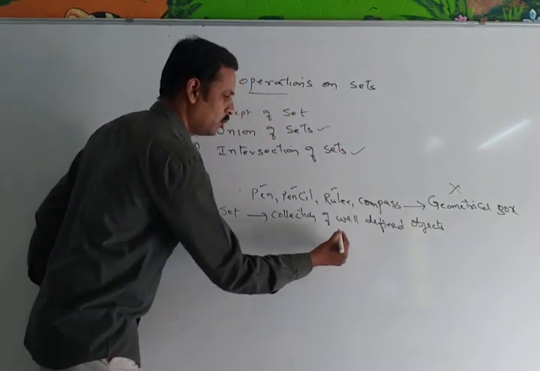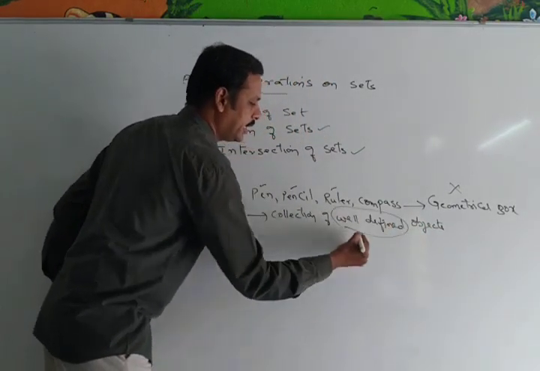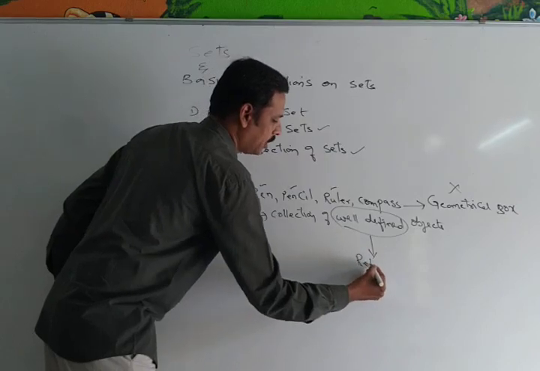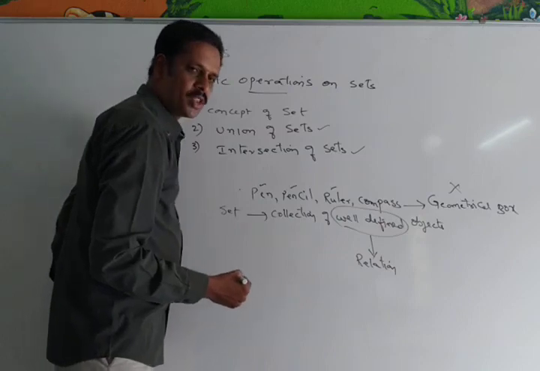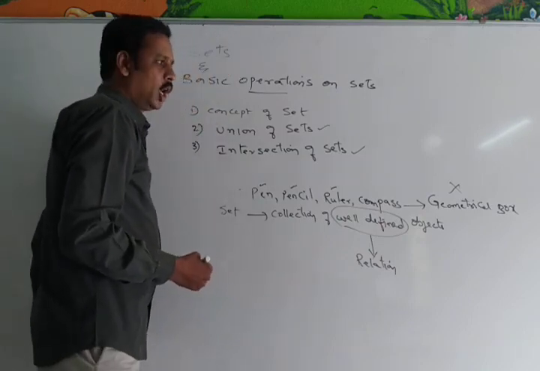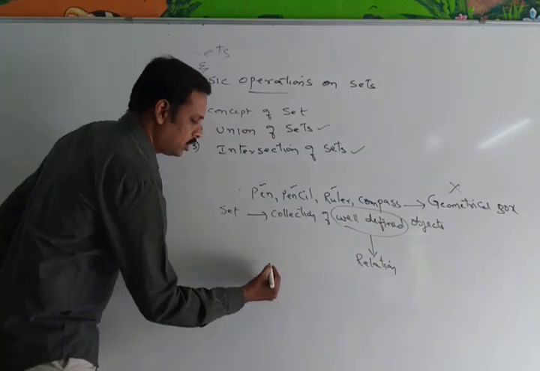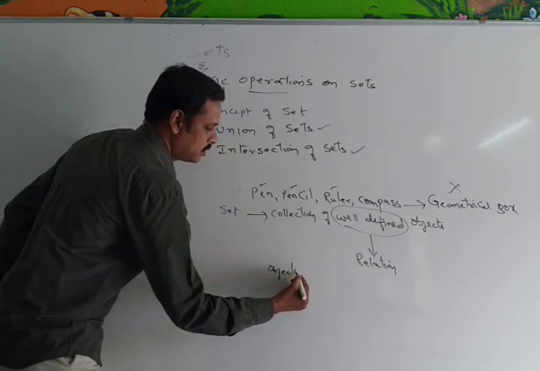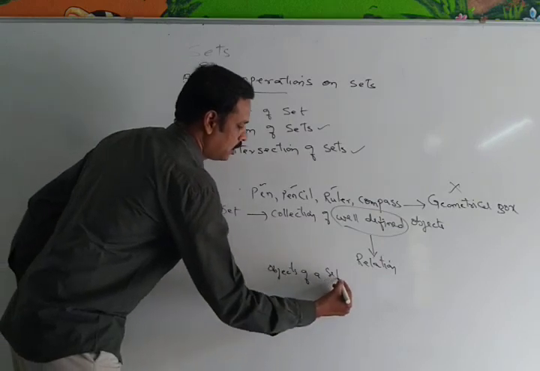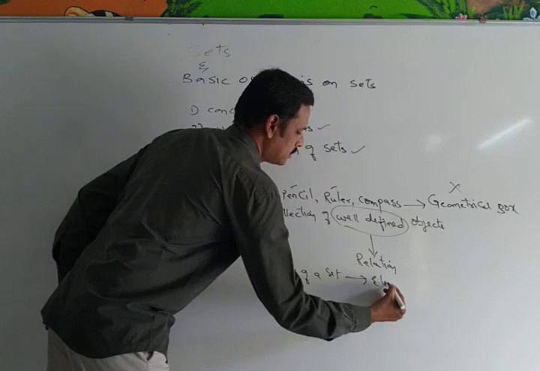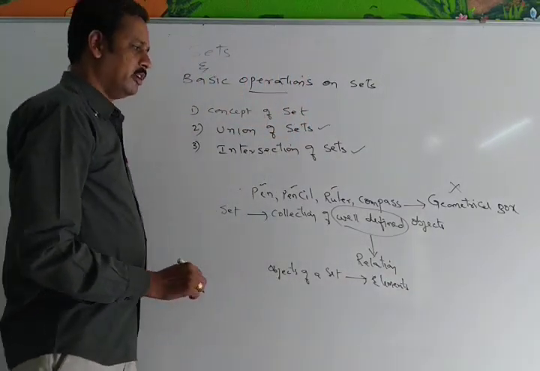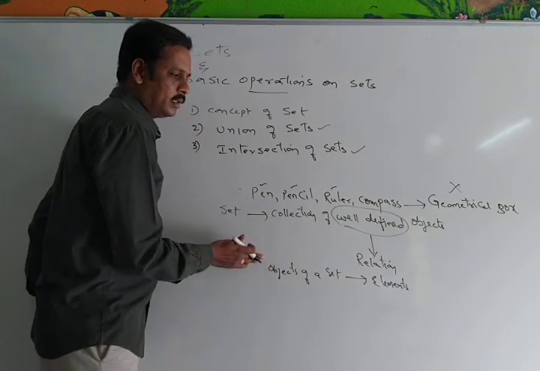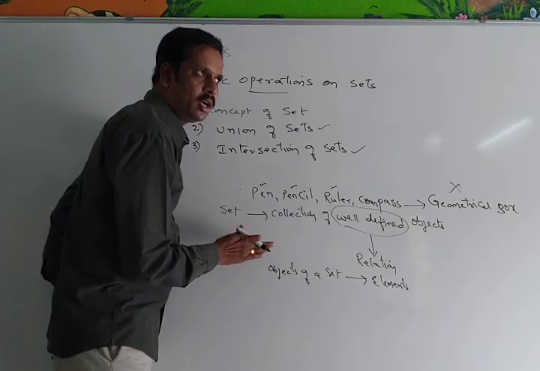So here well-defined indicates a relation between the objects of a set. Now, in common, objects of a set are called elements. Now, with this example, I think you got a clear picture about the concept of a set.